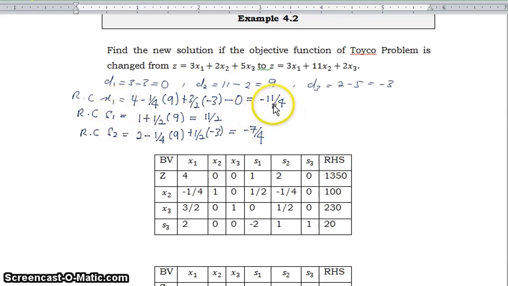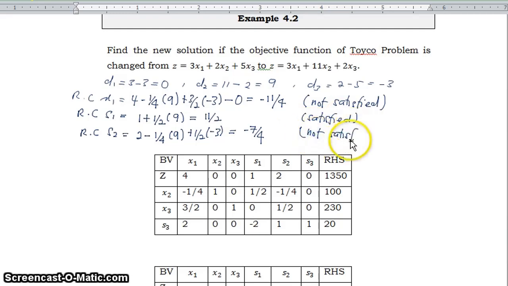Here we can see we have two negative coefficients. This is not satisfied, not satisfying the optimality condition of a maximization problem. This one is satisfied.